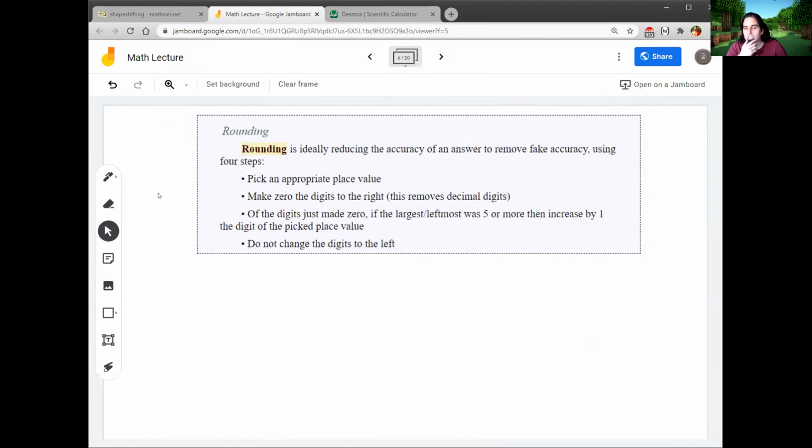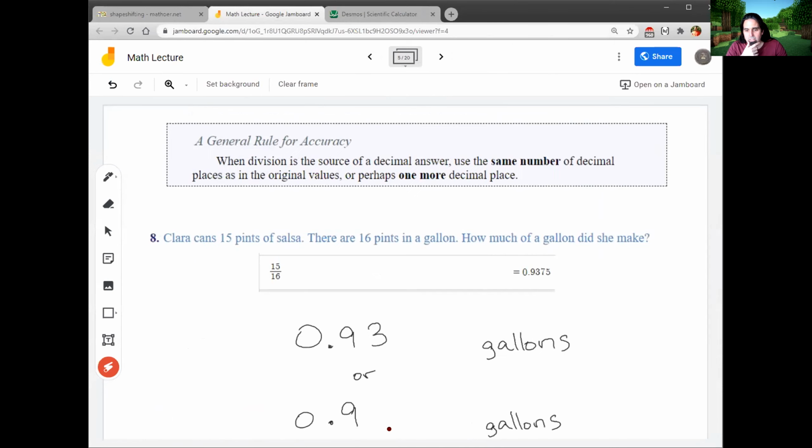Everything smaller than this, we're bragging. And then we'll make everything to the right 0. In this case, I just got rid of things. But to be official, I actually should have taken this 3 and said, there's a 7. The 7 will make the 3 go up one bigger and be a 4.